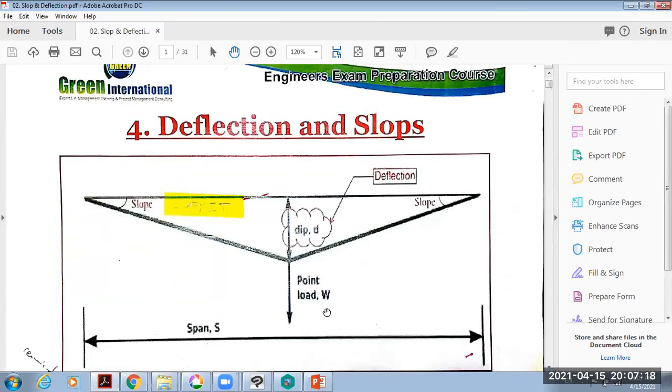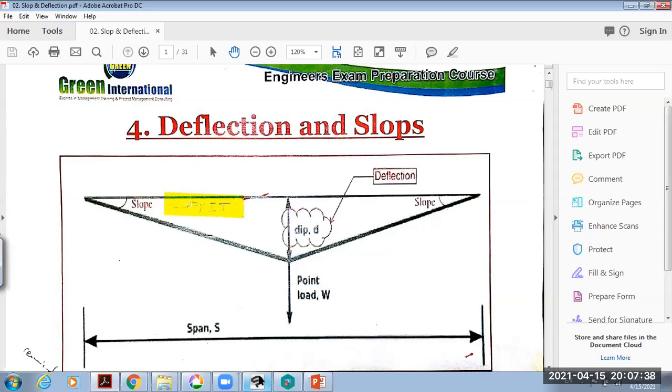Any structure system or structure element is deflected, starting from cantilevers, beams, frames, trusses. How can we measure the deflection, and what is the slope, for any beam?